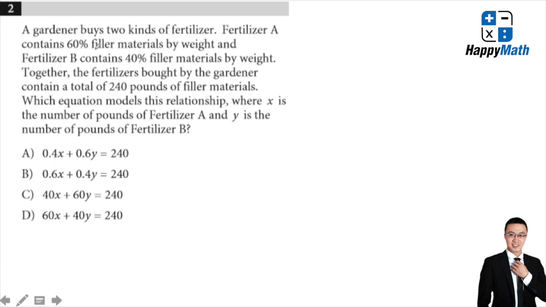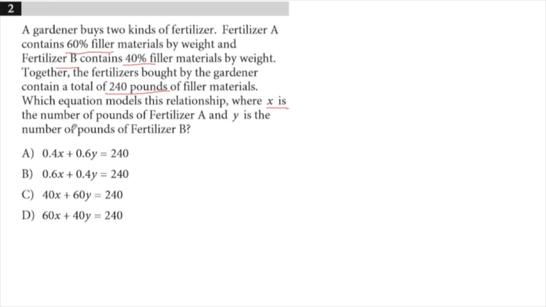Question 2. Ingredients by two kinds of fertilizers. Fertilizer A contains 60% of the thinner material by weight, and B is 40%. The total material you have here is 240 pounds. Which equation models this relationship, where X equals the number of pounds of fertilizer A and Y is the pounds of fertilizer B?